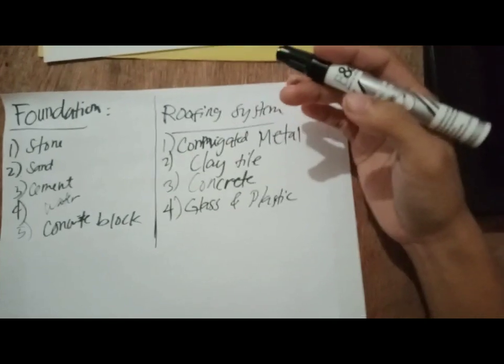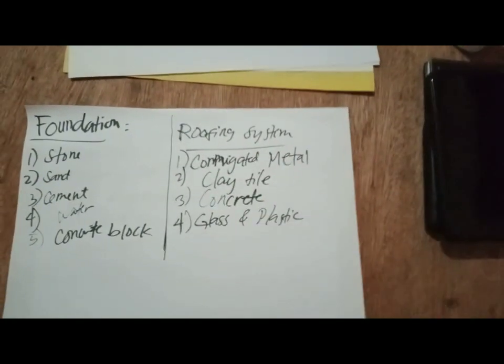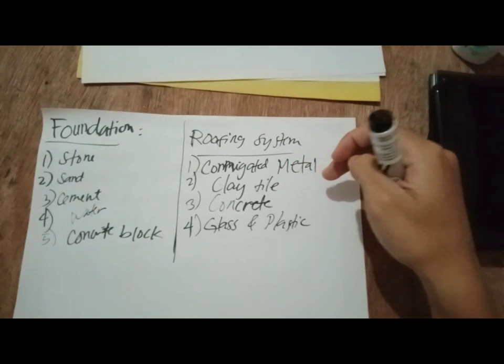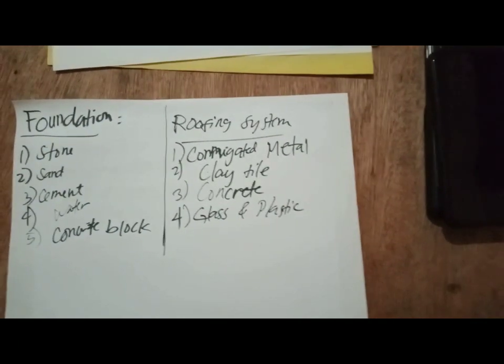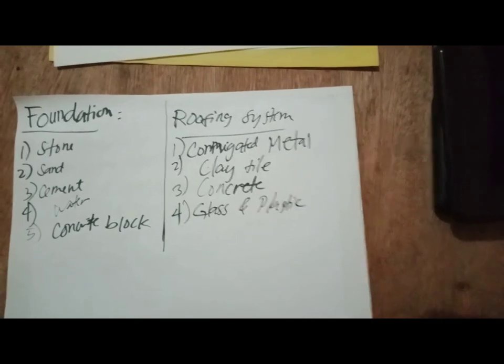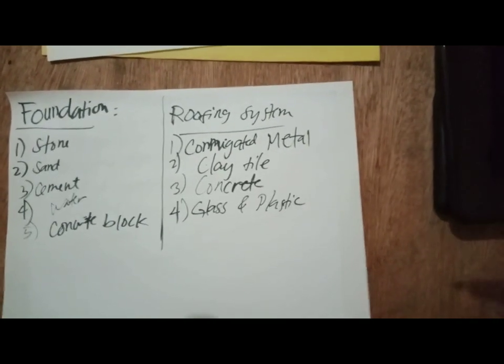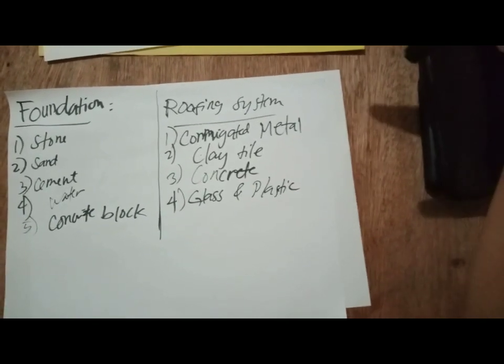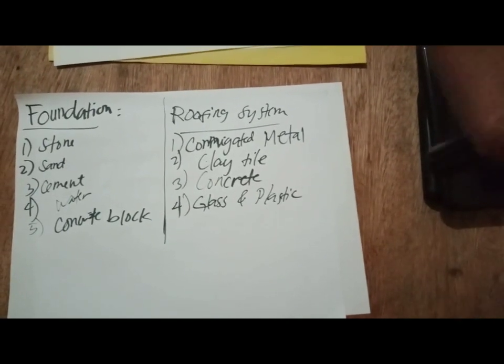But on the other hand, the disadvantage of using this type of roofing material is that it is heavier compared with the first two materials. So more dead load will be imposed on your building. In return, the structural members, for example the columns, will be subjected to a heavier load.